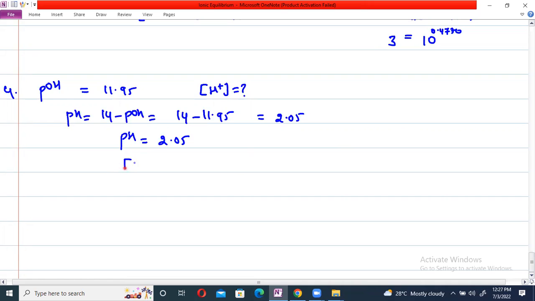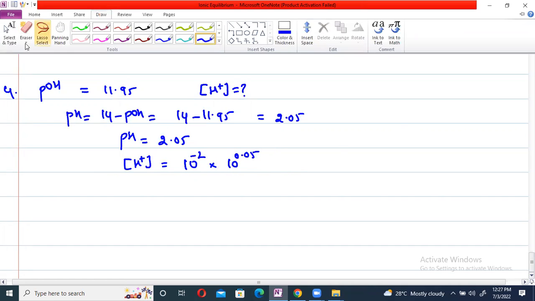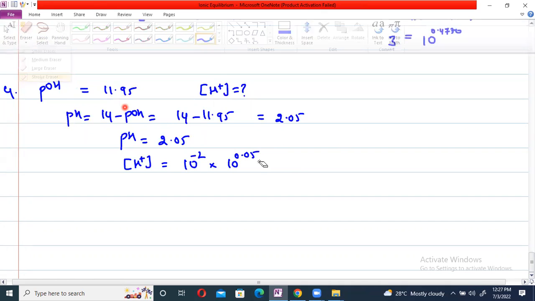So we can say concentration of H plus is 10 to the power of minus 2.05, approximately first you have to go with a 3.